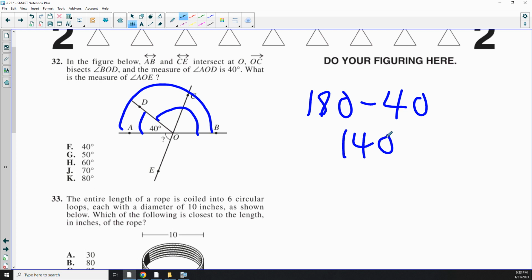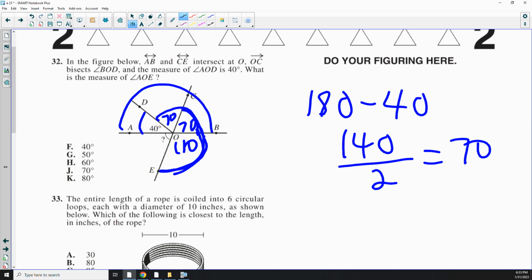That's going to make these 70 each, because you're going to divide 140 by 2, right? Now, still ain't the question. If this is 70, isn't this 110? Because that would complete this half moon, and this last one is vertical to that 70. Answer J.